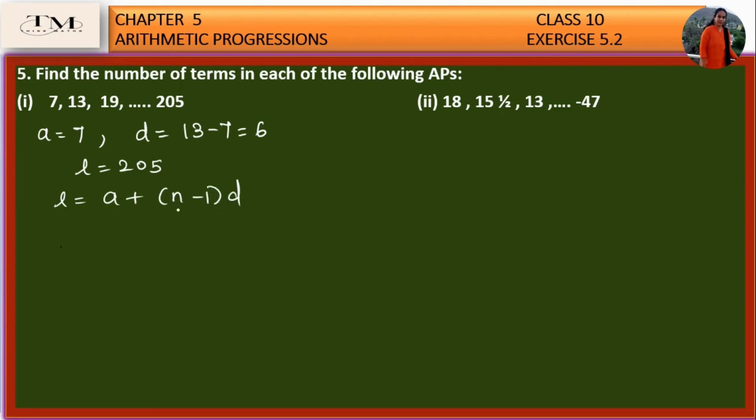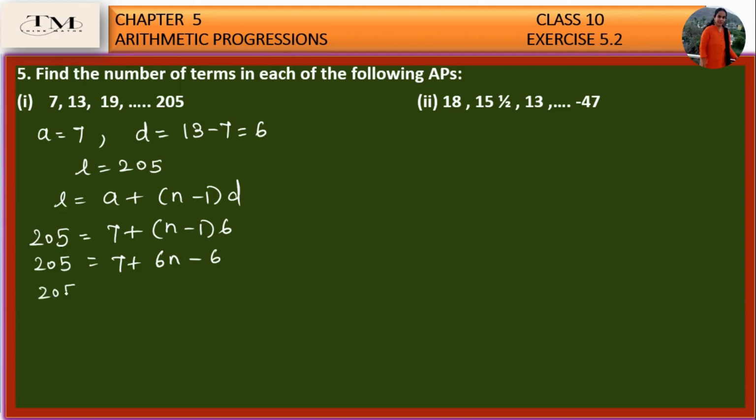Instead of an you can write l because we know it is the last term. So 205 is equal to a, which is 7, plus n, which we don't know, into d, which is 6.